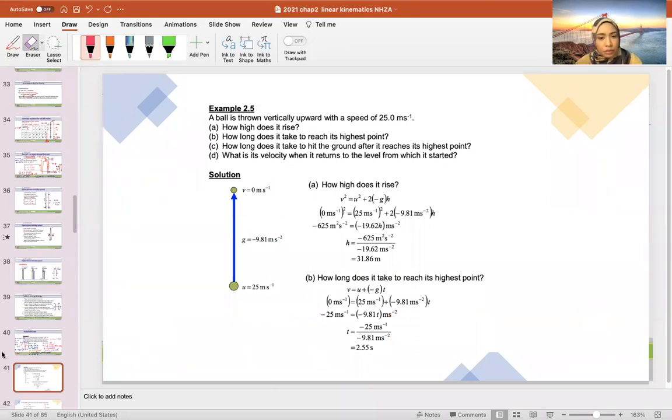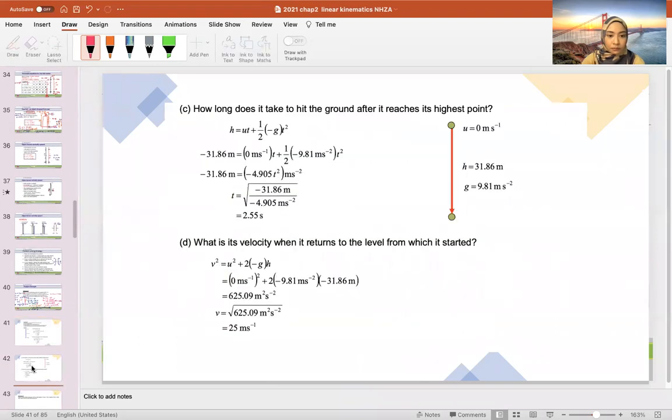Okay. So this is the answer or solution. They use V squared equals U squared plus 2AS to find out the maximum height. 31.86, the same. How long does it take to reach its highest point? 2.55, same as our answer. How long does it take to hit the ground after it reaches the highest point?